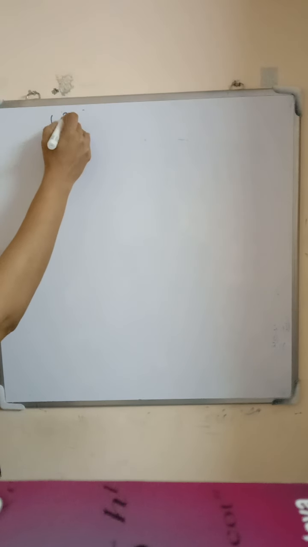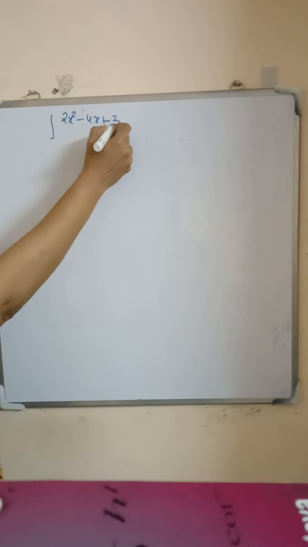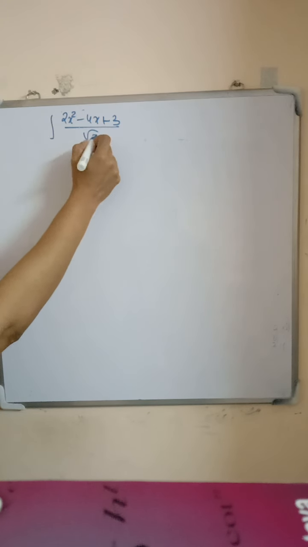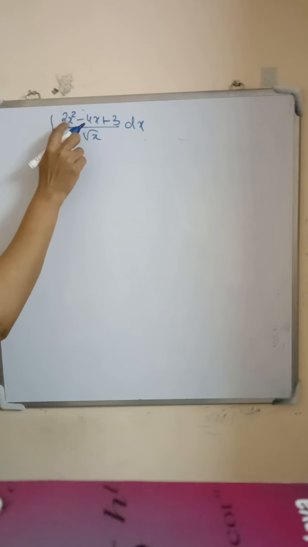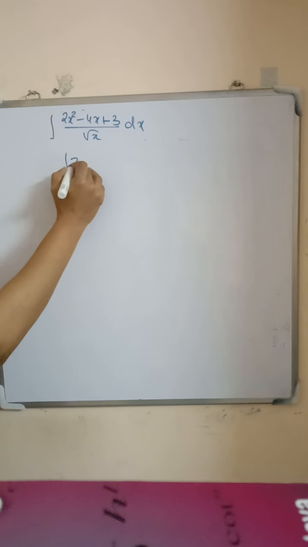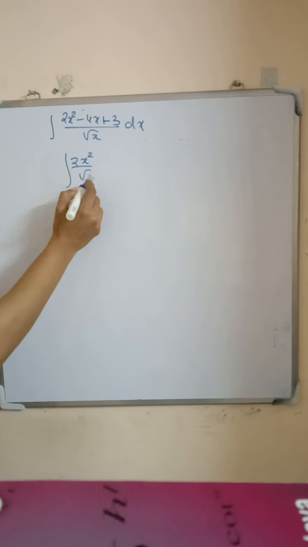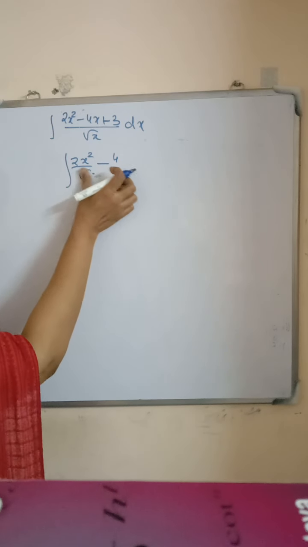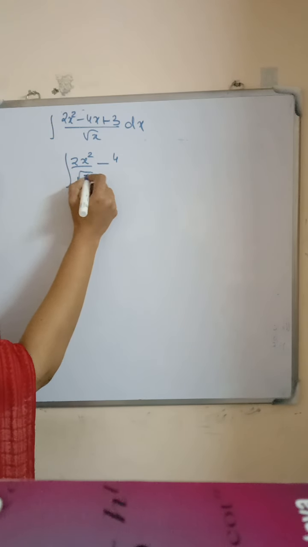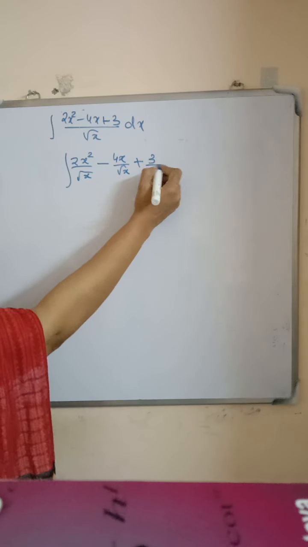Integrate with respect to x: integral of 2x square minus 4x plus 3 divided by root x. For integrating this, divide each term by root x. That is 2x square by root x minus 4x by root x plus 3 by root x dx.